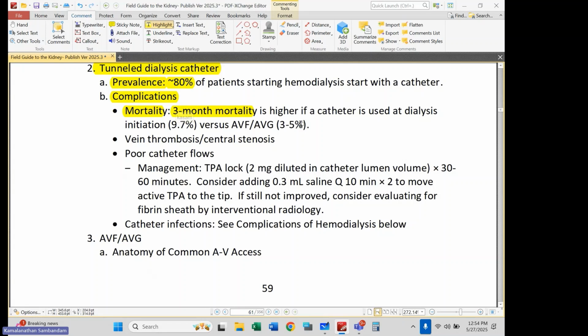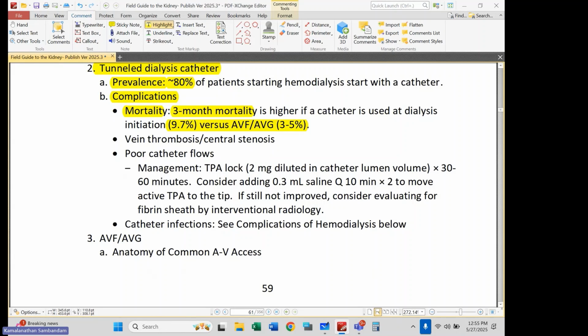And obviously you can't do a randomized controlled trial, so there's a fair amount of bias baked into this, but trying to correct for bias still seems to show an increase in mortality in patients who are starting with tunnel dialysis catheters. Now, there's a somewhat more contemporary paper that looks at this, suggesting that if you can reduce the total catheter time to less than 3 months or so, there may not be a clear mortality difference.